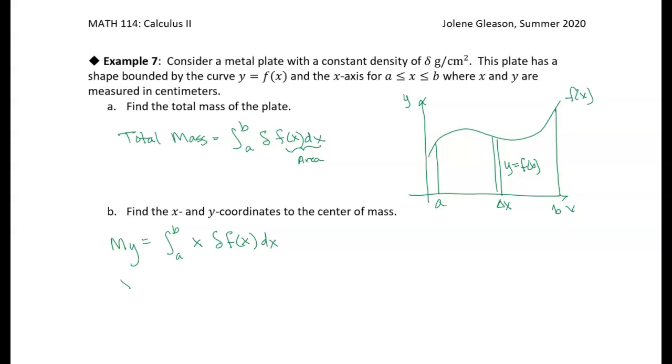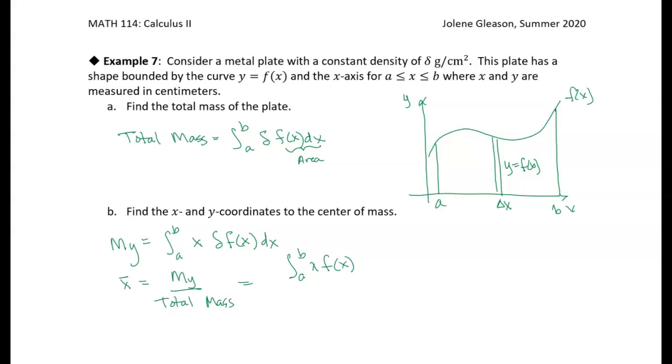And then if we want the x-coordinate of the center of mass, it's just going to be the moment over the total mass. So we get the integral from a to b of x times delta f of x dx. Oops, forgot my delta.